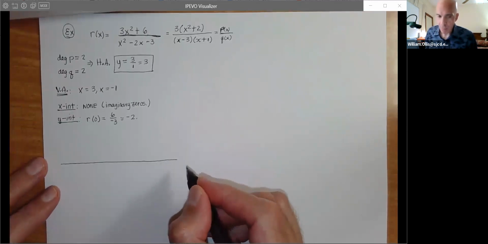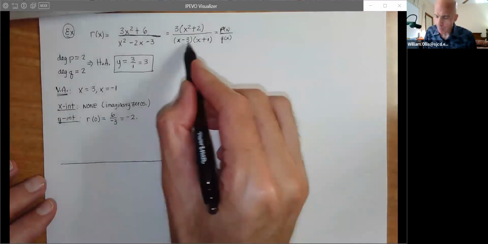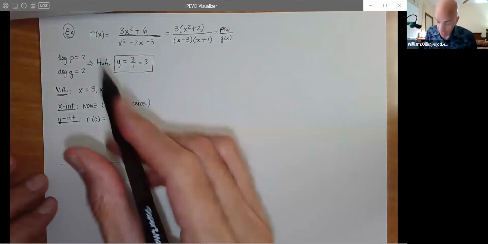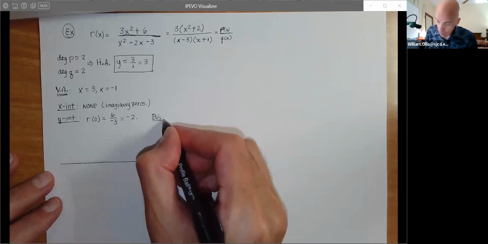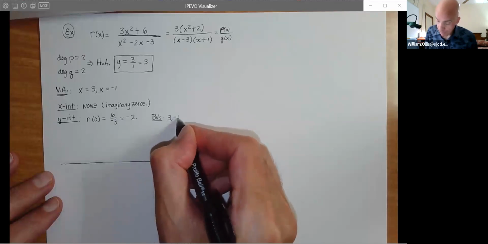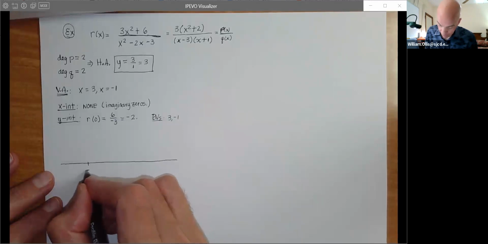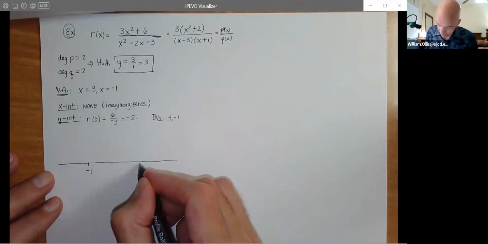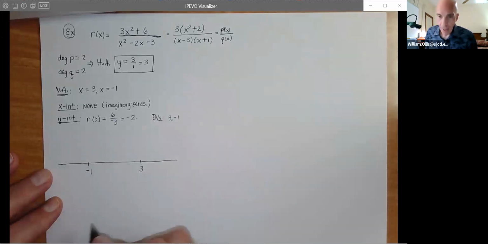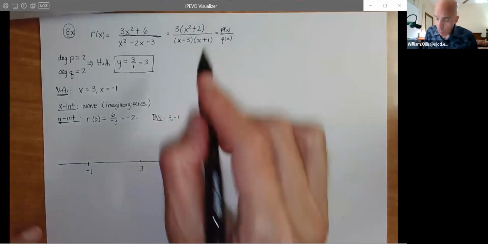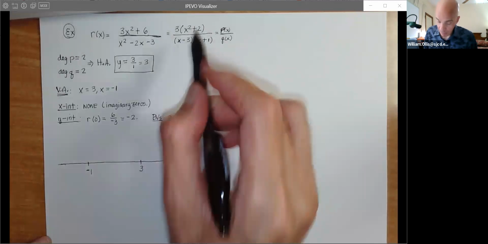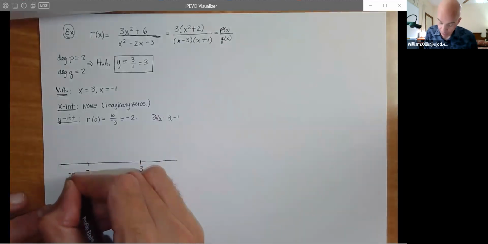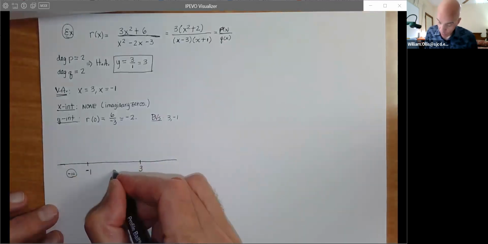We don't have much to contend with except for the VAs that we have in the denominator. The VAs are just 3 and -1. If you like, we can think about a -10, a 0, and a 5.